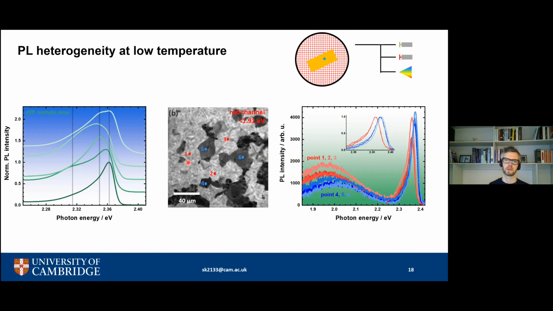This is where the 1, 2, 3, 4, 5, 6 comes from. And we observe actually distinct spectral changes. However, not just in the area of the broad emission here, 1, 2, 3 versus 4, 5, 6, but we also observe it around the narrow emission here. There's a 10 or actually 12 meV shift around the narrow emission band.